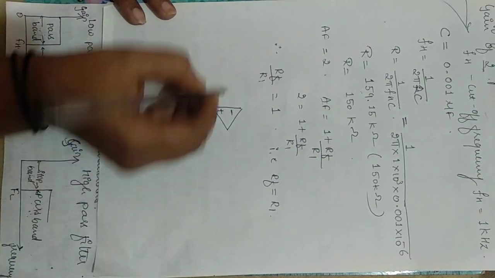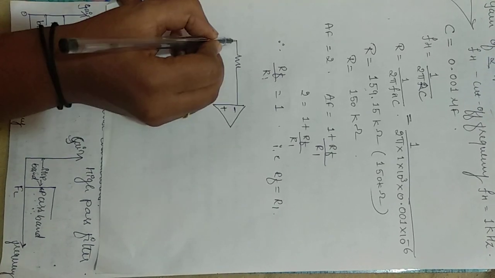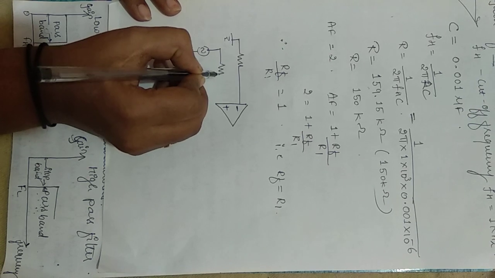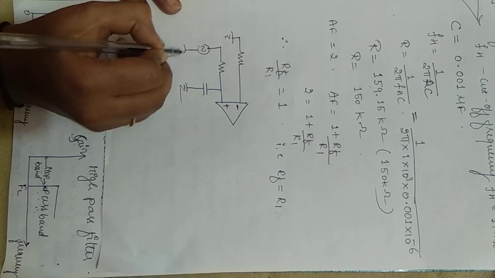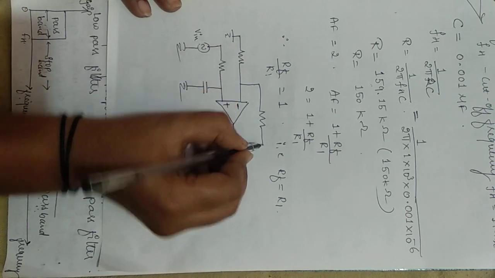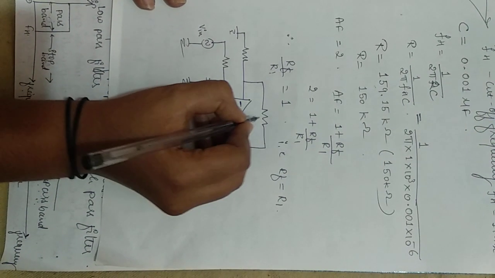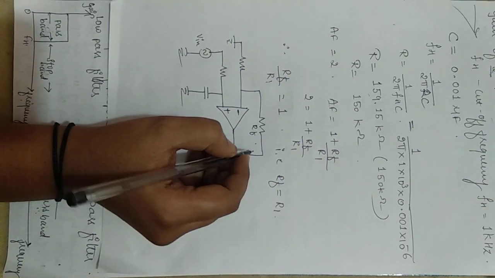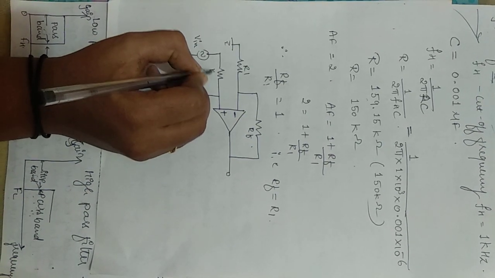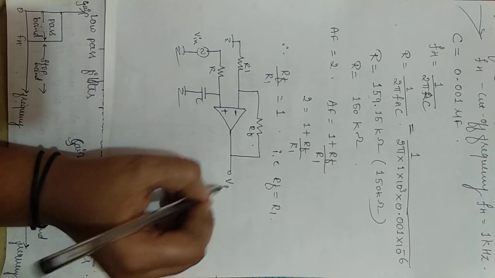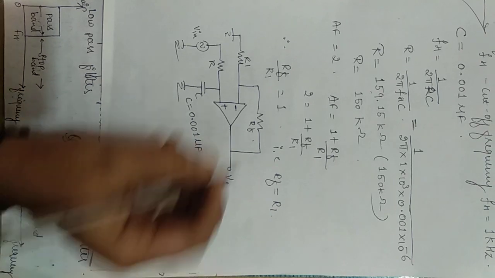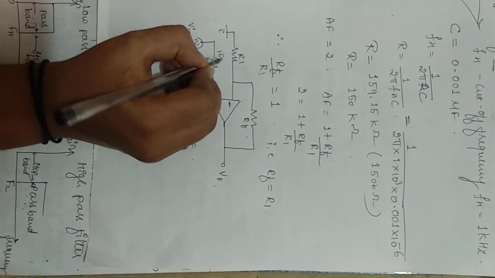This is R1, this is your Vin, this is your RF, this is R, this is C, and this is Vout. The C value is 0.001 microfarad, and your R is 150 kilo ohm.